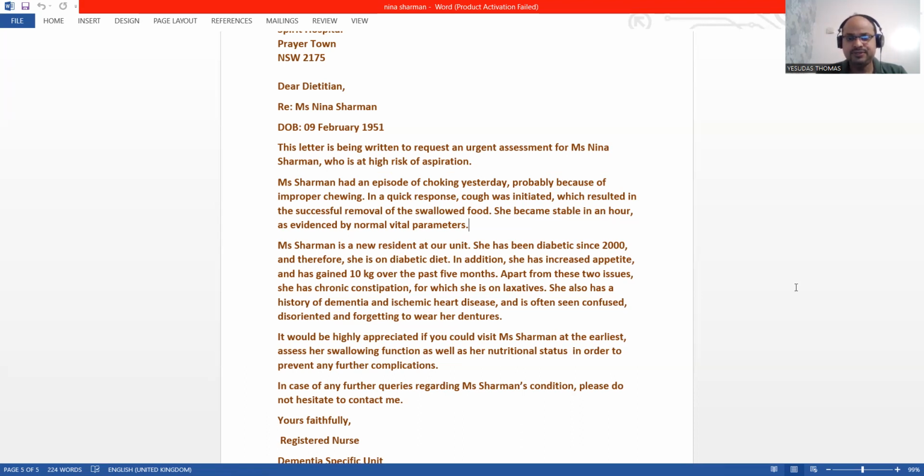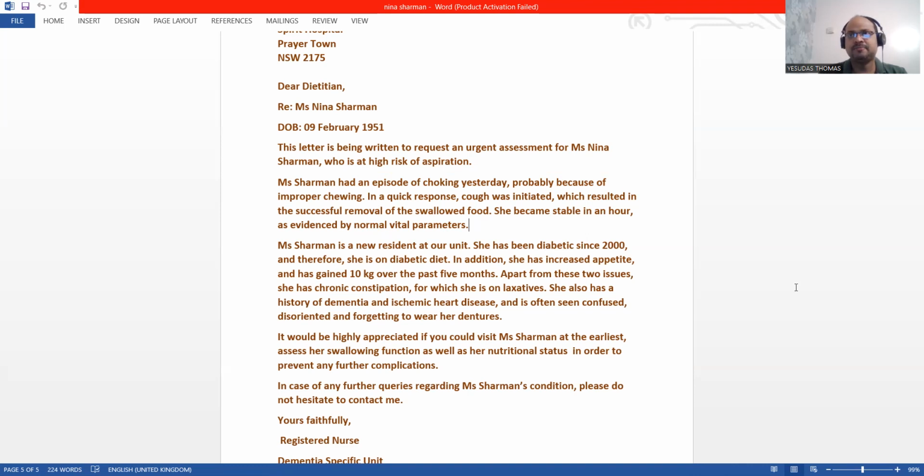Apart from these two issues, she has chronic constipation for which she's on laxatives. This is something related to a dietitian, so dietary and nutritional status. Because of some food, she may have chronic constipation.